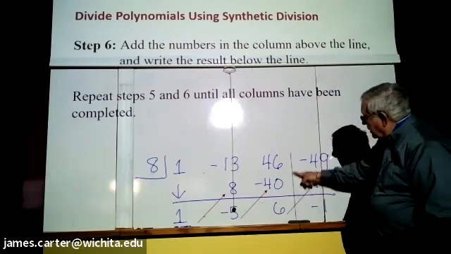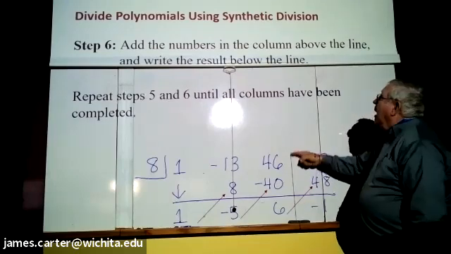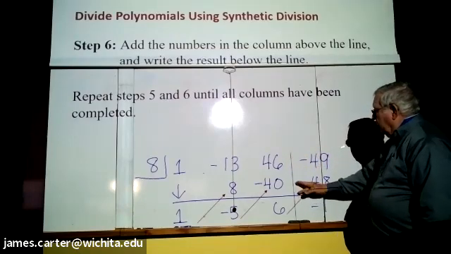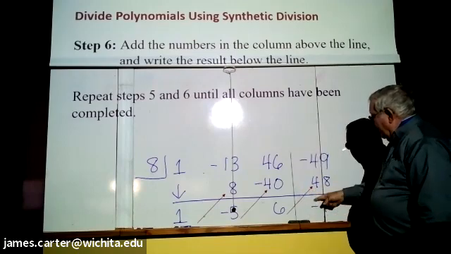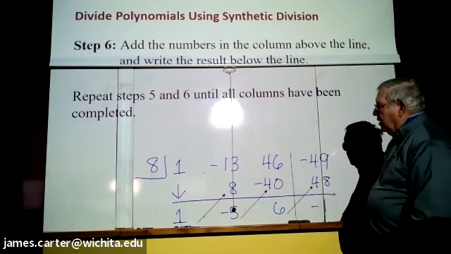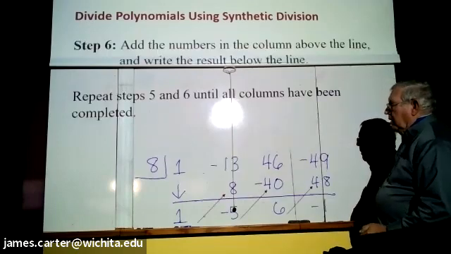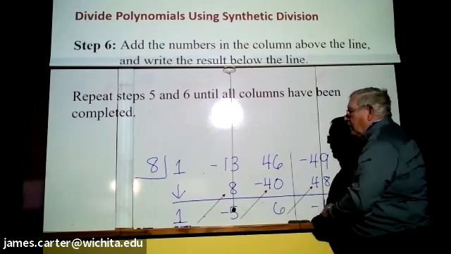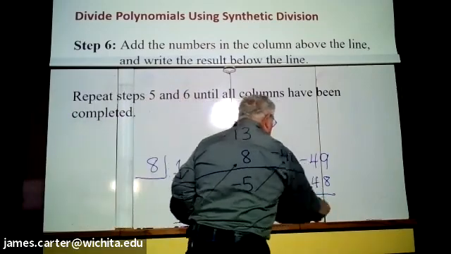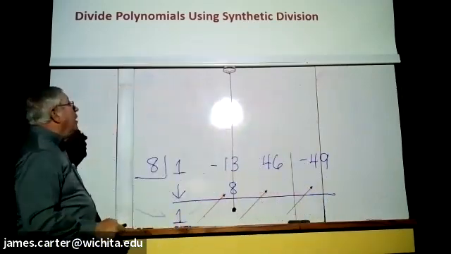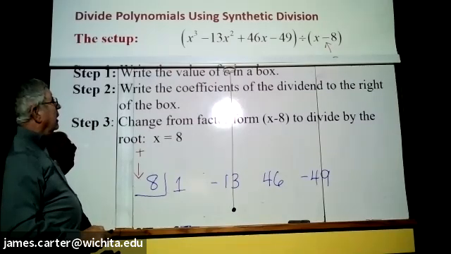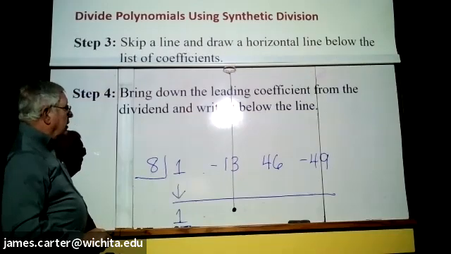Now, you see this line right here. This line was before the constant. With that line, that's going to denote that this is the remainder. If you look back at the original problem, it was x cubed, and then it went downhill.